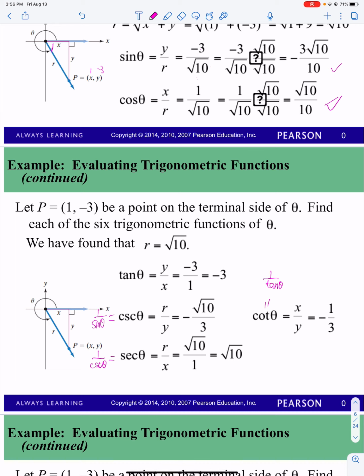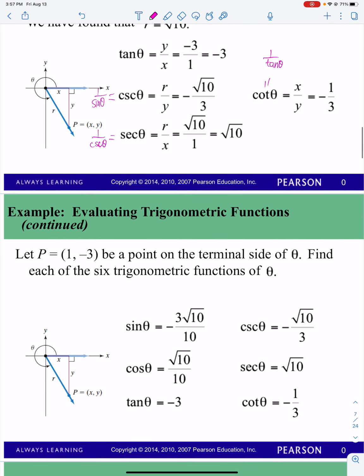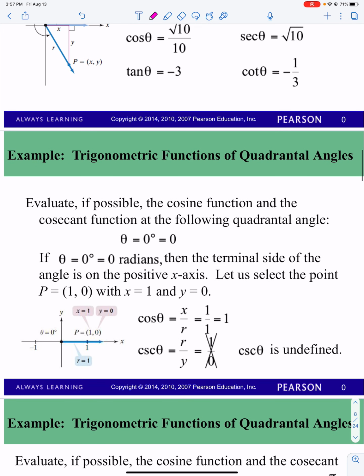So it's a reciprocal property, and then you can do it very easily. Otherwise, if you try to remember all of them, it will be confusing. So these are all the answers here, combined together.